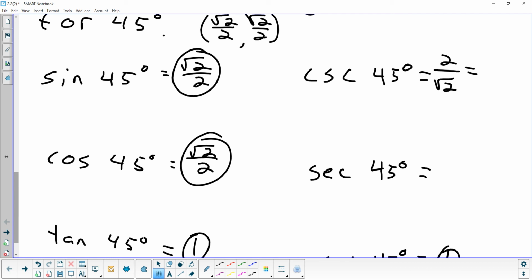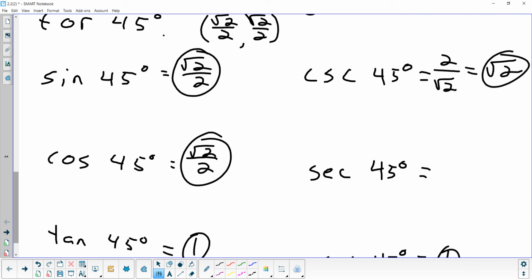And then, can anybody fix that for me and tell me the final answer? It's not going to be 2. You're close, Ben. Is it 2 square root of 2 over 2? It's 2 square root of 2 over 2, and that even simplifies a little bit. Square root of 2, yes.